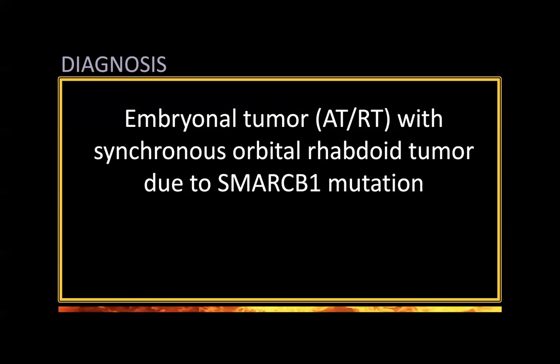And there is only a small group of genetic abnormalities. In this case it was SMARCB1. There are SMARC genetic abnormalities. So this is a case where the combination of two synchronous masses gives us the possibility to have both histological and genetic diagnosis. Very important.